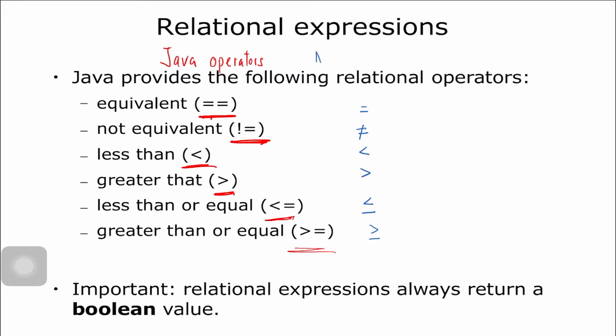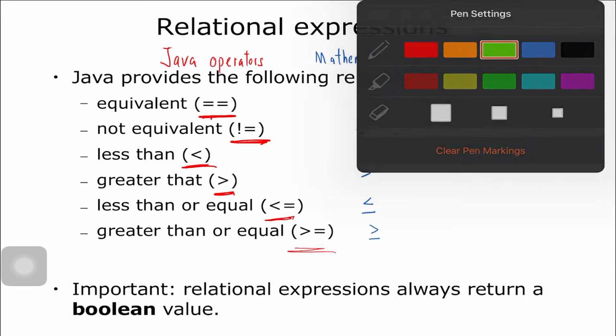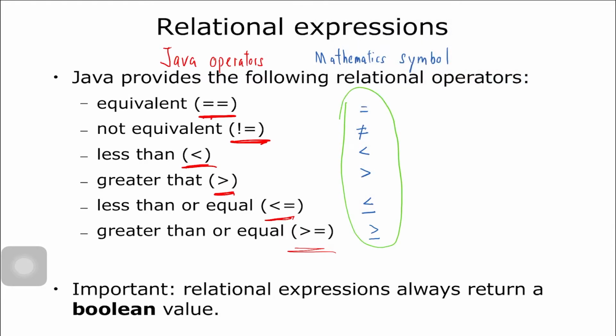We call these mathematical symbols, but both of them have the same meaning. It's just that we need to write them as Java operators because it's their language. Java won't understand the mathematical symbols, it will only understand the Java operators.